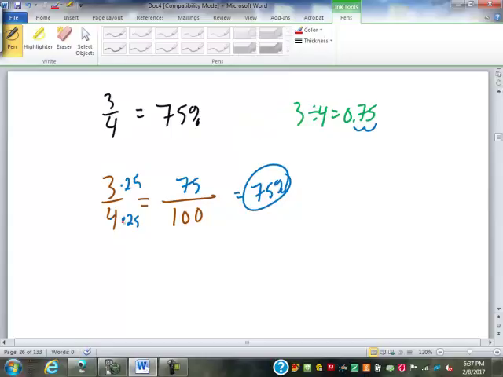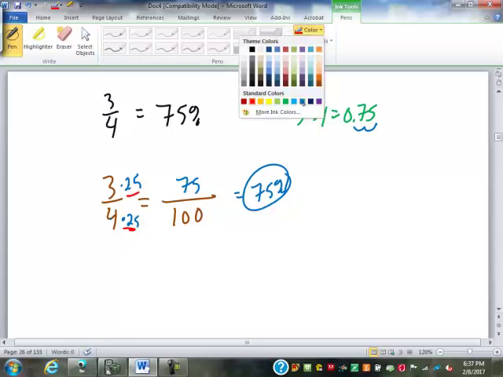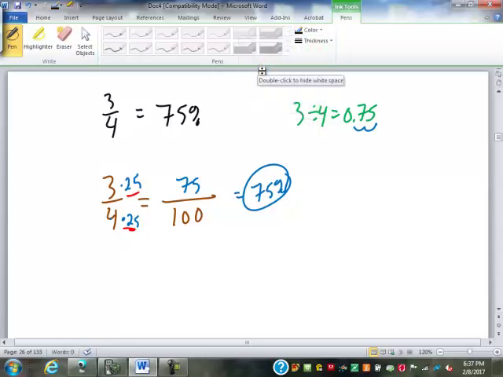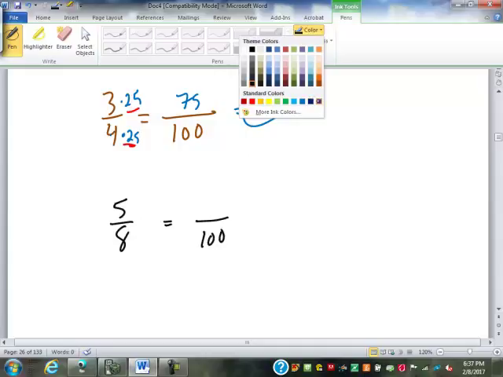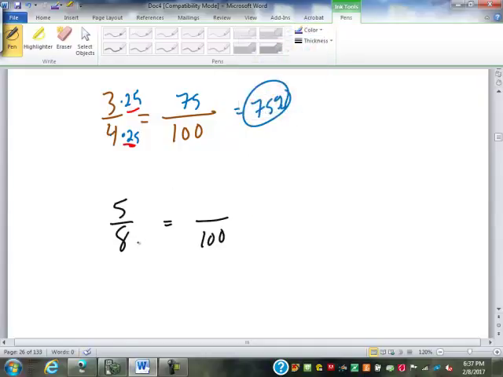It's not always quite so simple to figure out what number you have to multiply by, though. So let's take something like 5/8. 5 out of 8 is how much out of 100? Well, without punching it in a calculator, what would you multiply 8 by to turn it into 100? Not as simple as it looks, is it?